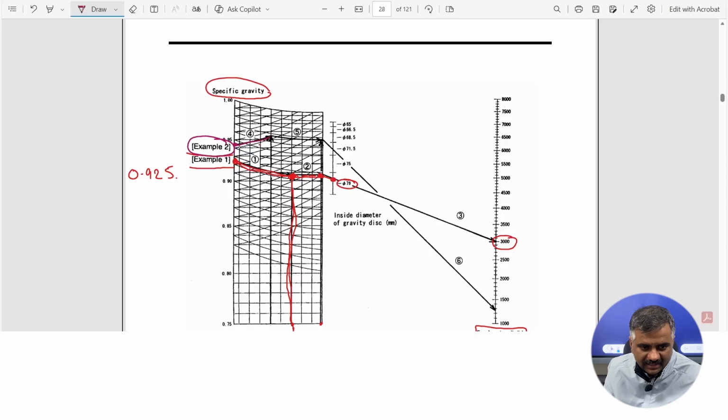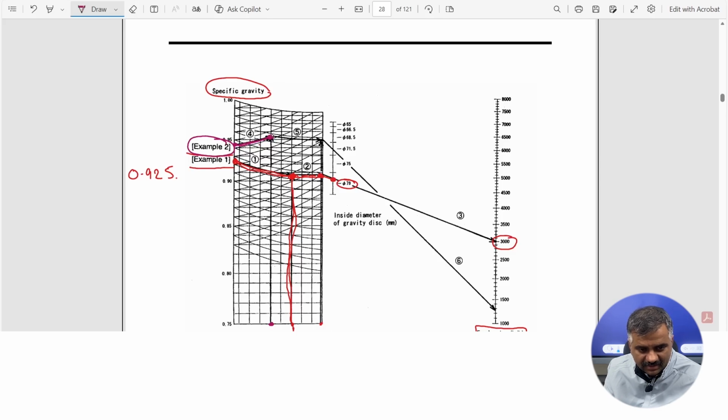Instead of taking a downward curve like this or this, we are taking an upward curve and matching it at the 50 degrees centigrade line. At 50 degrees centigrade we have drawn a perpendicular line, and we are matching it with the upward rising curve, and from there we continue following.